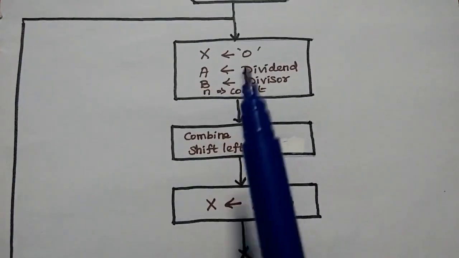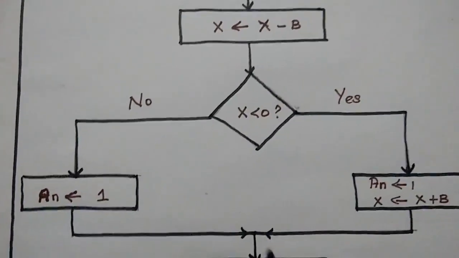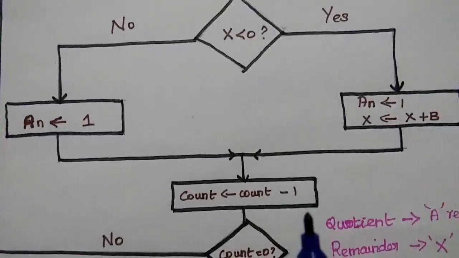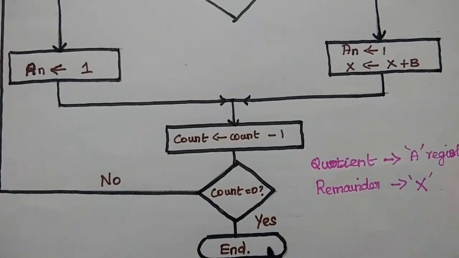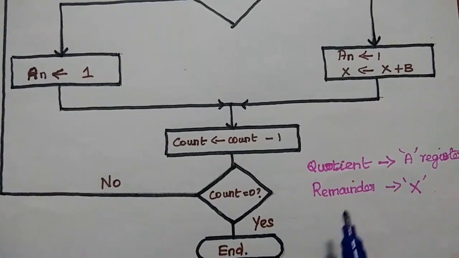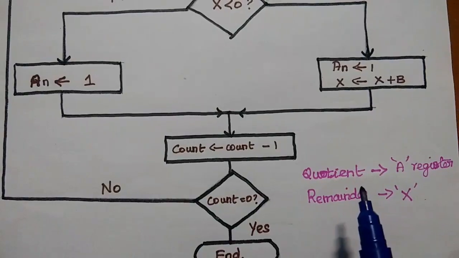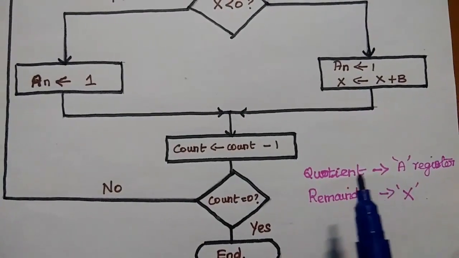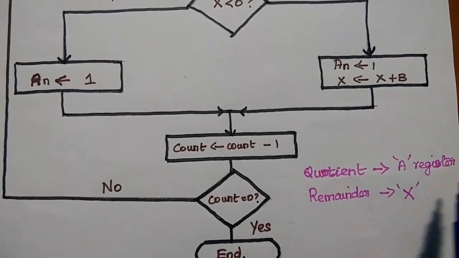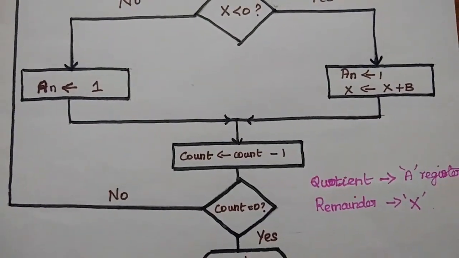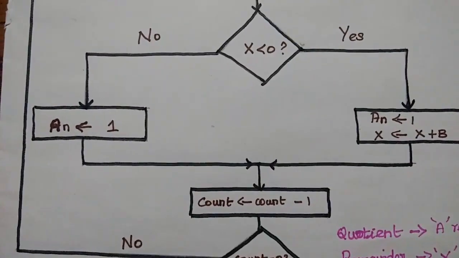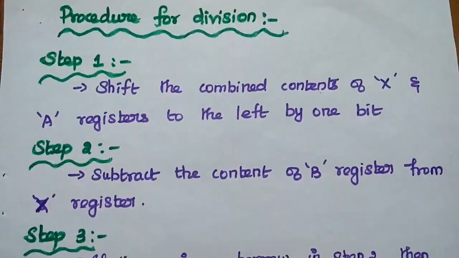If count is equal to 0, we can stop this process. Is that okay? Finally, we can get the quotient value in this A register and the remainder in the X register. So this is the flowchart for this restoring division method.